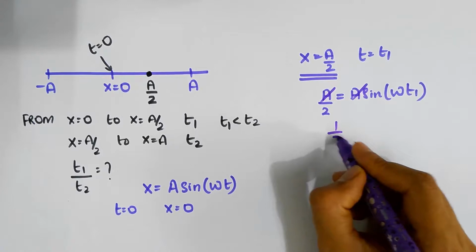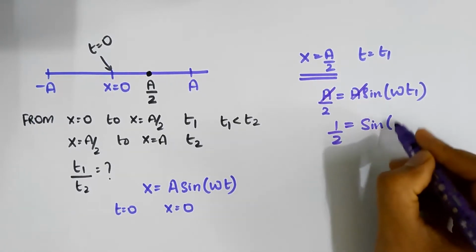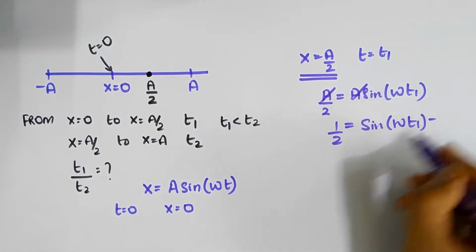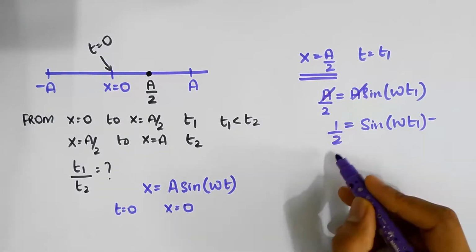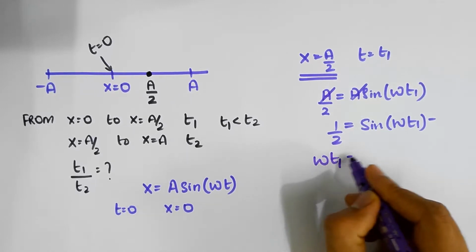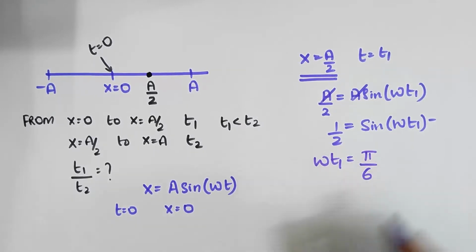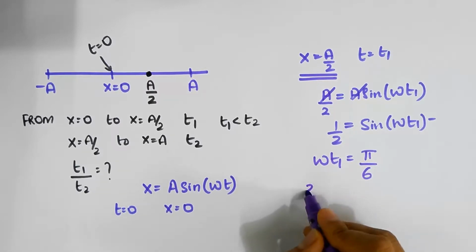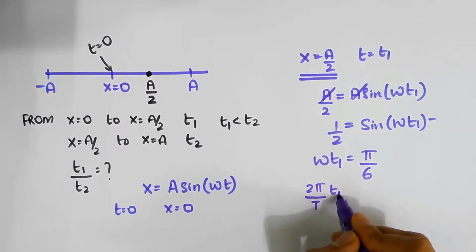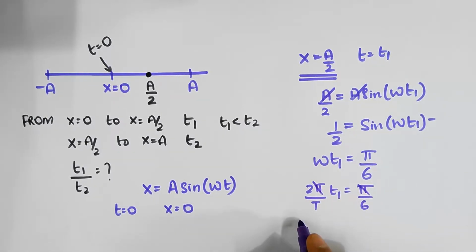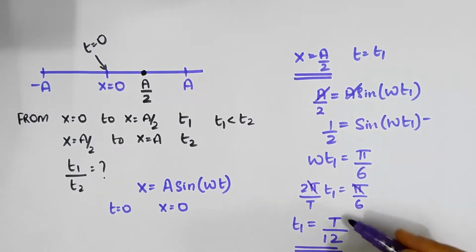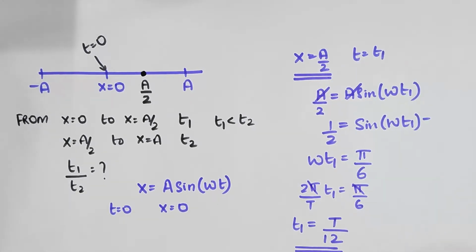This cancels, you get half equals sine omega t1, so sine of theta is half. That means theta must be pi by 6. Now we know omega is 2 pi by T, capital T, so omega t1 should be pi by 6. Pi goes, so we get t1 as T by 12. So the time it takes is 1/12 of the entire time period.